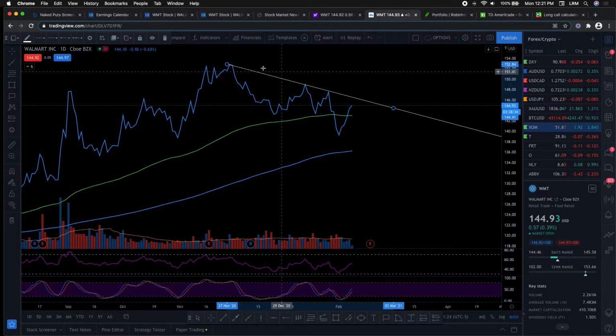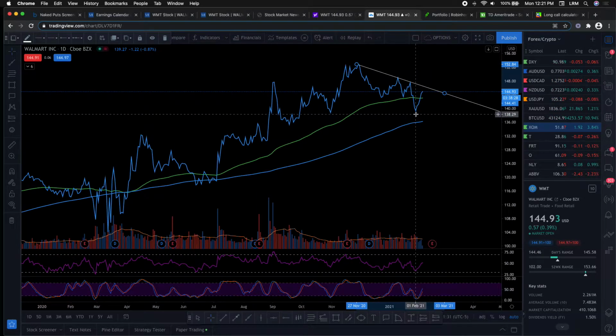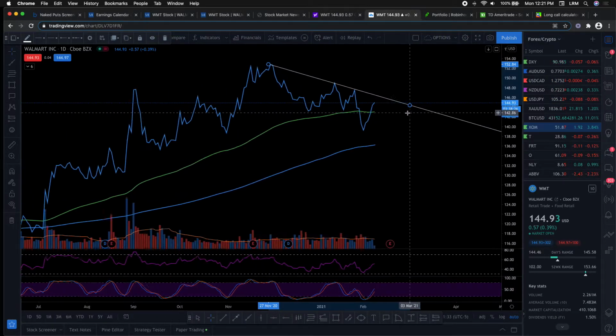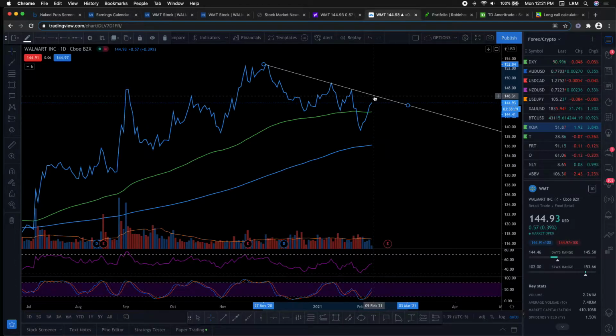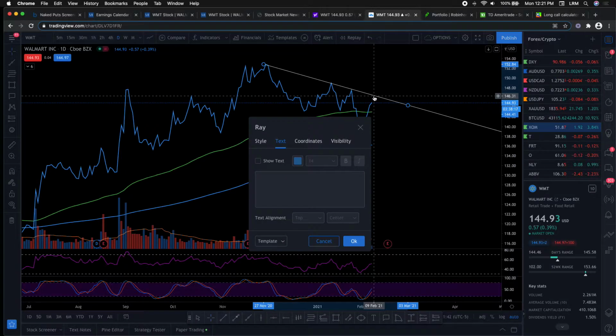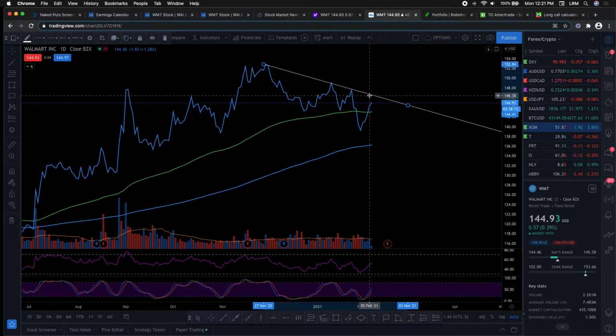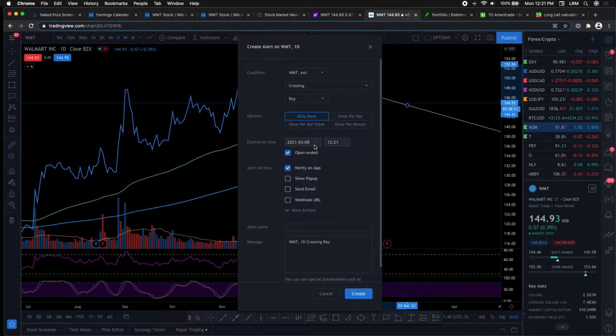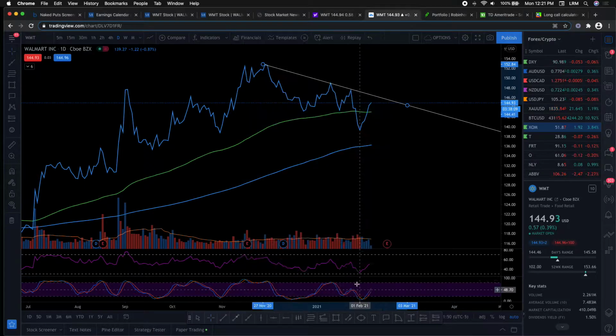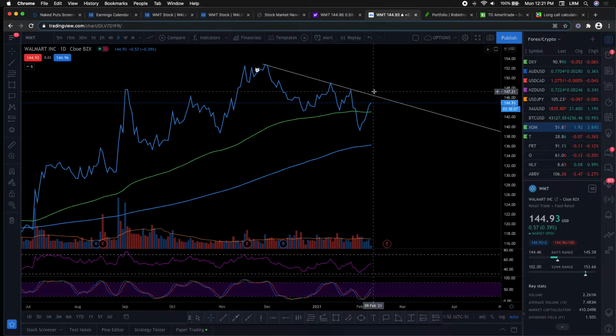So I put a trend line on the pullback. All right, so this is the pullback, and you can see that this was the lowest point of the pullback so far. So what I'm doing right now is I'm waiting for price to reach this trend line right here. You can set an alert right on the trend line so that way you get alerted when price crosses this point.